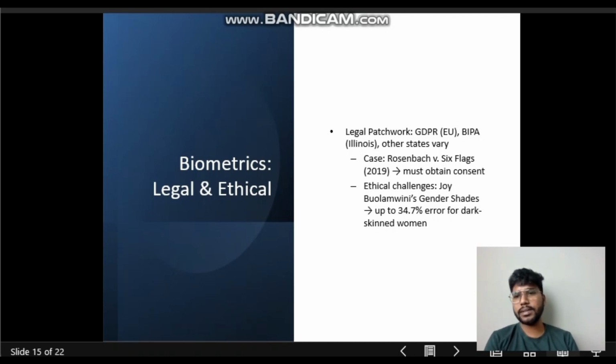It exposes structural biases in the data, since these systems are often trained predominantly on images of lighter-skinned individuals.